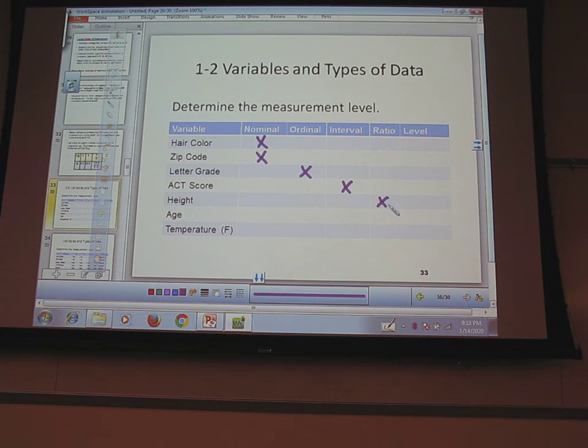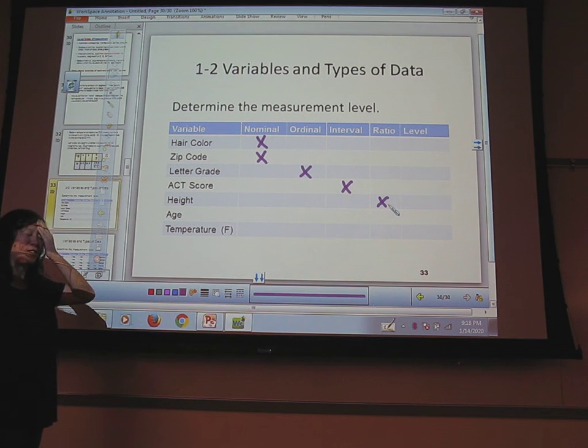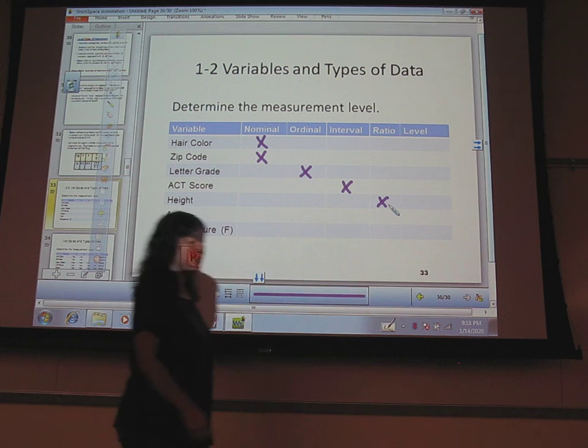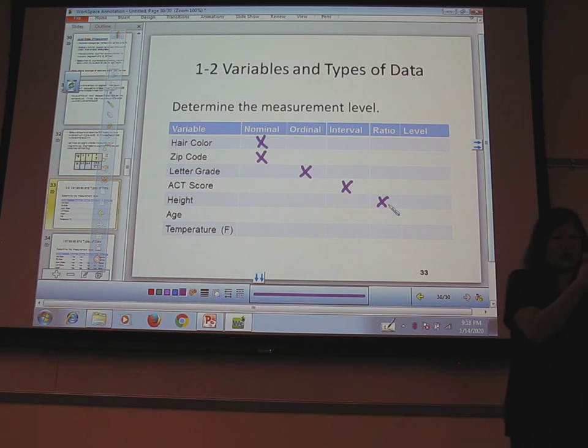Is someone who's 24 older than someone who's 19? Yes. Is the difference between being exactly 15 and exactly 16 the same distance as being exactly 27 and exactly 28? Yes, so it's interval.